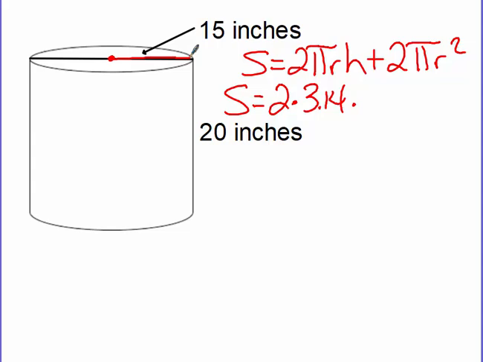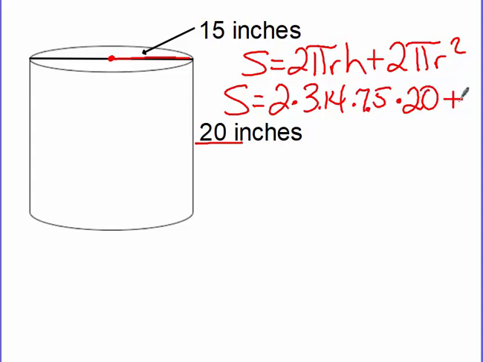In this particular one, I gave you a diameter, so in order to find the radius, we need to cut that in half. So we do 15 divided by 2 to get 7.5. And then we multiply that by the height, or the distance between the two bases, which is our 20. Now, if we just type that in, we will get our lateral surface area. But we're going to go ahead and finish this out with total surface area.